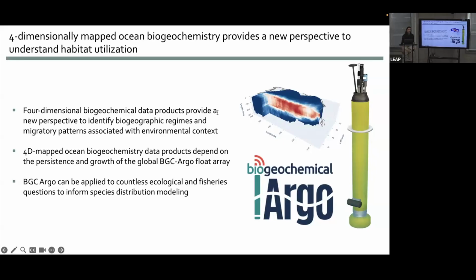Part of the reason that we chose this species was because we have access to a pretty robust data set of archival tags. So it really came down to a fish of opportunity, I would say.